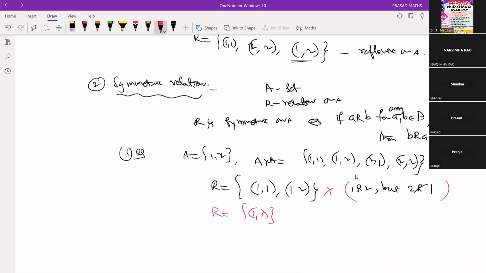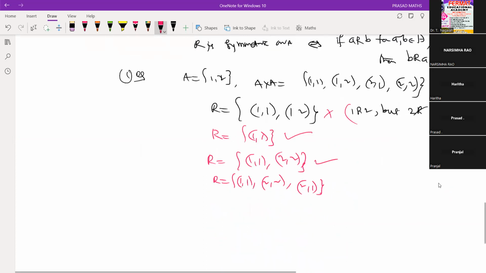Suppose I take R equal to 1, 1. Is it symmetric? Yes, sir. Suppose you take 1, 1, 2, 2. Is it symmetric? Yes, sir. Suppose you take R equal to 1, 1, 2, 2, 2, 1.